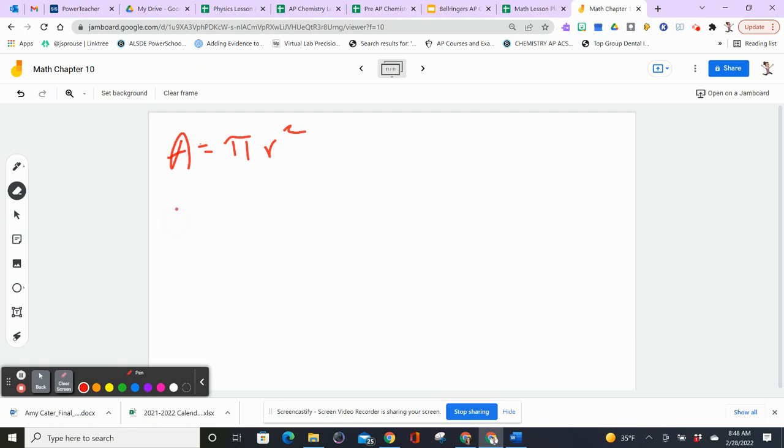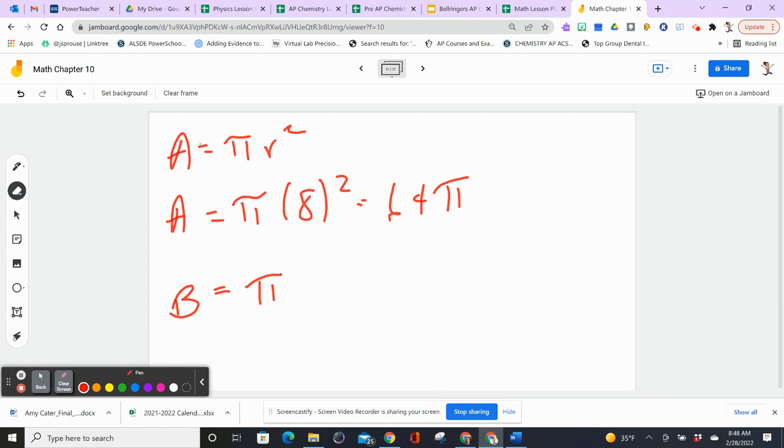Pizza A is our large one, so that is pi times the radius. The diameter is 16 inches, which means the radius is 8 inches. So that's going to be 64 pi. And then pizza B is the smaller one. It has a diameter of 8 inches, which means it has a radius of 4 inches. So that's going to be 16 pi.